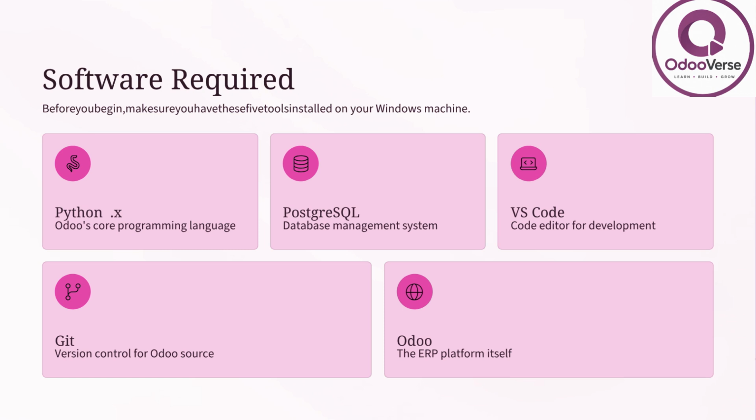We'll use it as our code editor because it's lightweight and beginner-friendly. After that comes Git. Git helps us download and manage the Odoo source code from GitHub. And finally, Odoo itself, the ERP platform we are going to install and run. So make sure all these tools are ready before moving ahead.